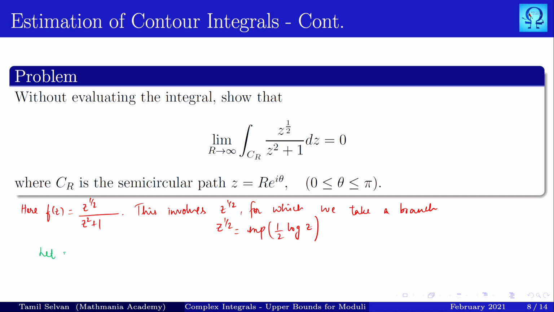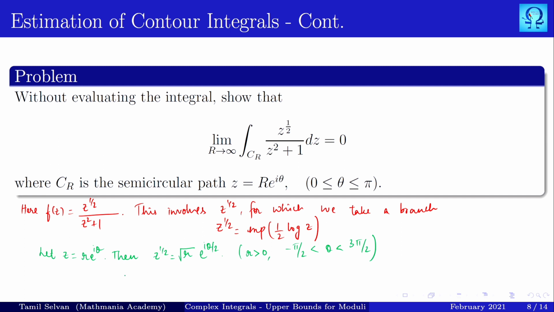Let z equal r e to the power i theta. Then z to the power half will be r to the power half, or we may write it as root r e to the power i theta by 2. Here r is a positive value and theta lies from minus pi by 2 to 3 pi by 2. Only the positive side we have taken.